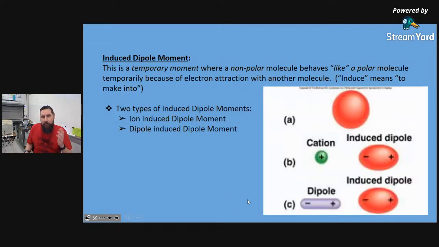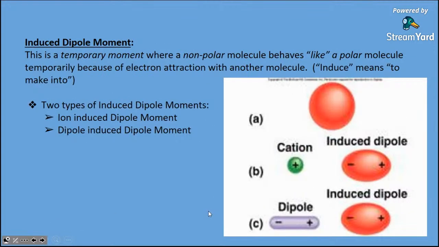Okay? So this is the way it works if we take a look at this particular diagram or this image. So my red sphere, that is my neutral atom. And then in B, part B of the figure, I introduce a cation, a positive ion. And all the electrons within that neutral atom sense that positive charge, and they rush over to see what's going on.